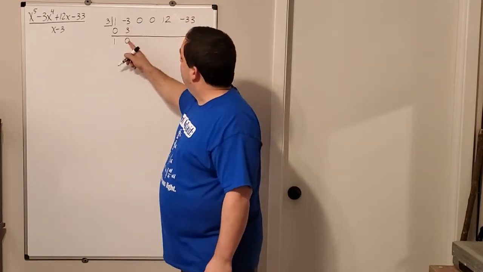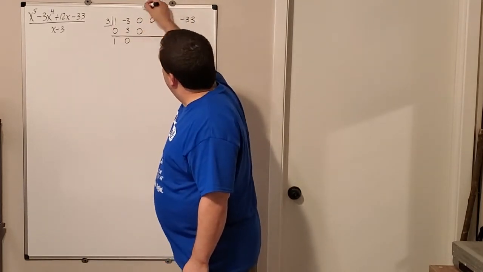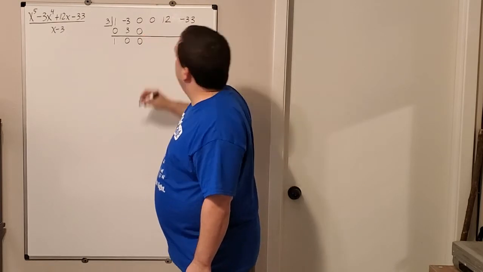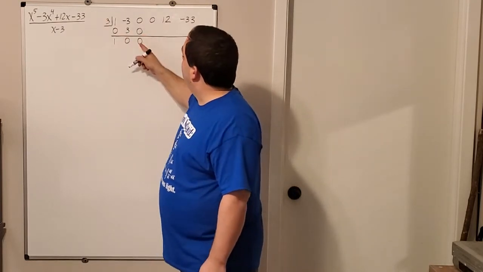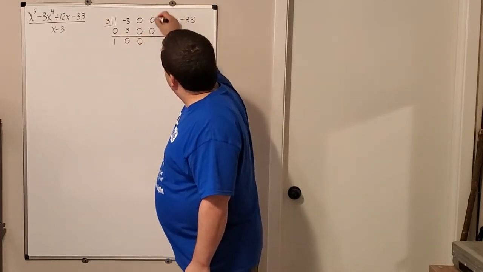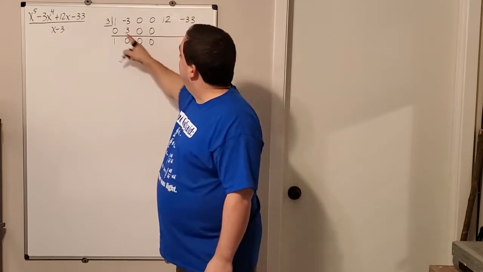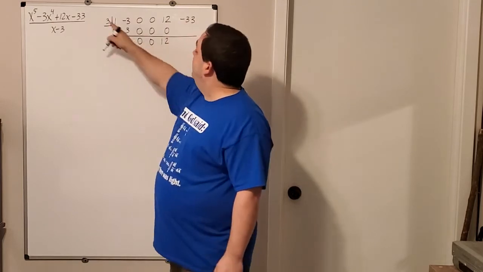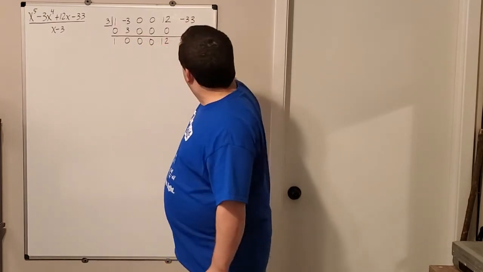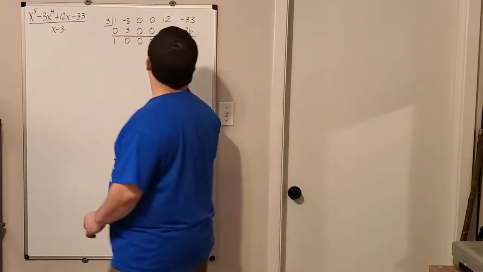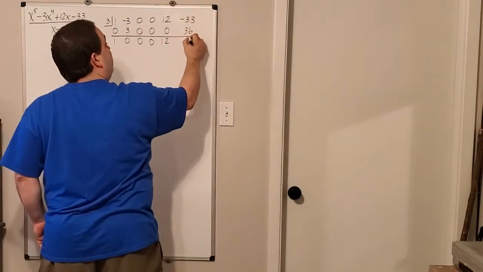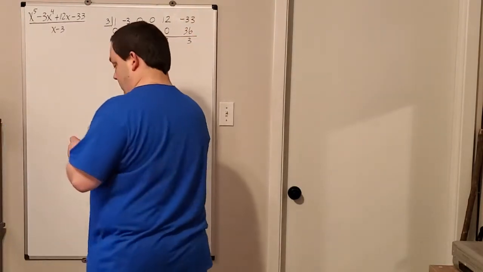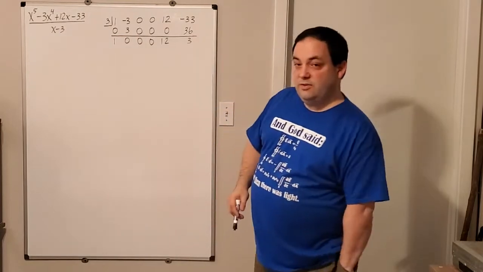And then 3 times 0 gives me 0. 0 plus 0 gives me 0. 3 times 0 gives me 0. 0 plus 0. 3 times 0. 12 plus 0. 3 times 12, finally, 36. Okay? And then here I get a 3. All right. So that's how synthetic division is going to work.